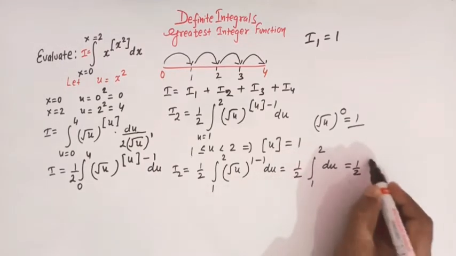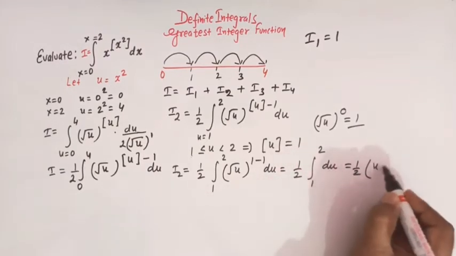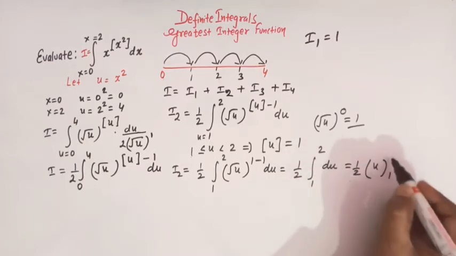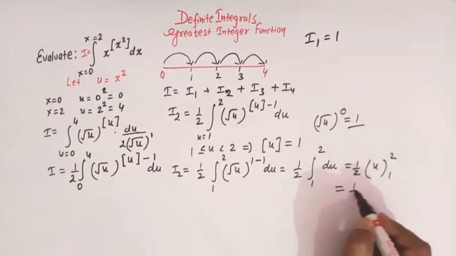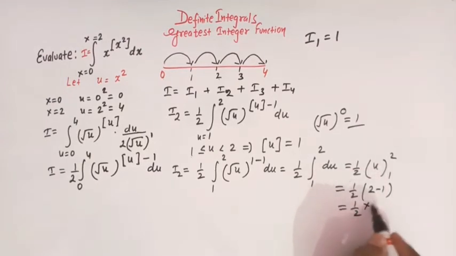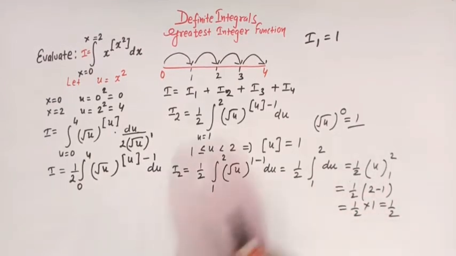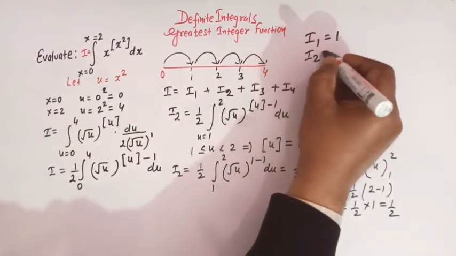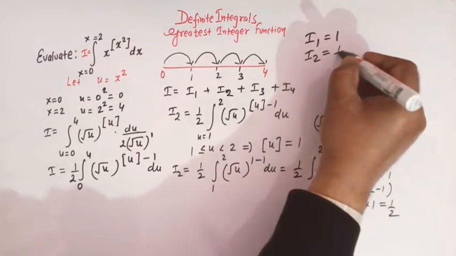And the integral of du is u, limits are from 1 to 2, and we have half times (2 minus 1), this is half times 1, that is half, right? So I2 is equal to half, right?